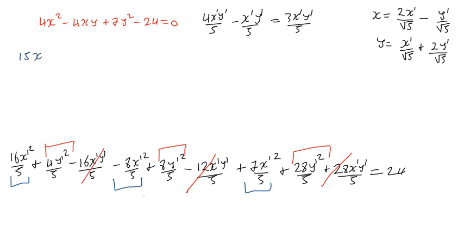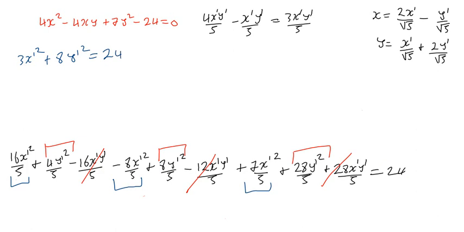I'm getting 15x prime squared divided by 5, which is simply 3x prime squared, because 15 divided by 5 is 3. Then look at the y. The y is 4 plus 8 plus 28, which is 40. 40 divided by 5 is 8. So is it plus or minus? It's actually plus. So that's plus 8y prime squared is equal to our 24.